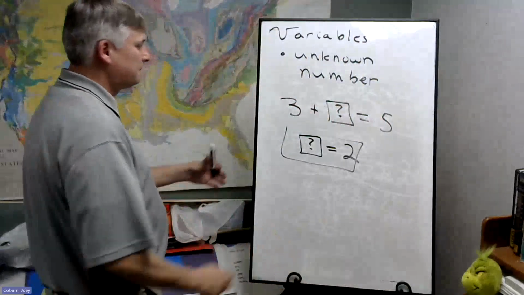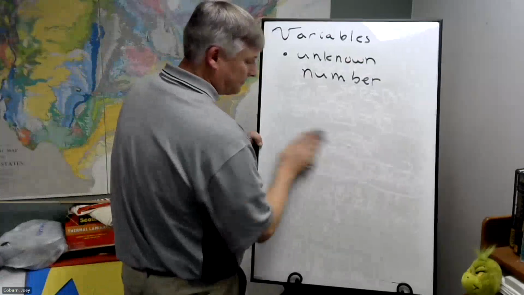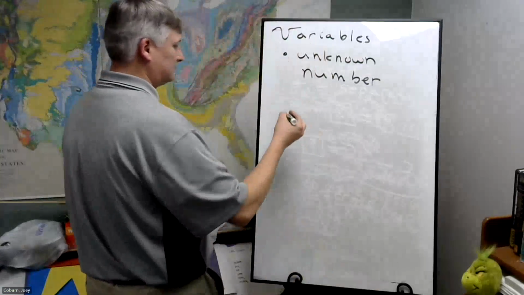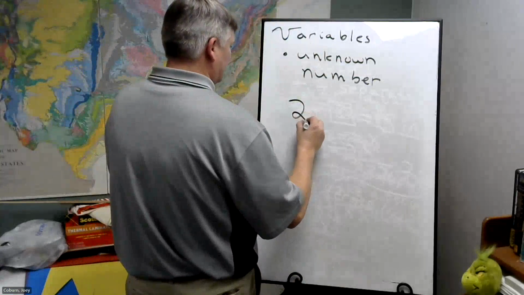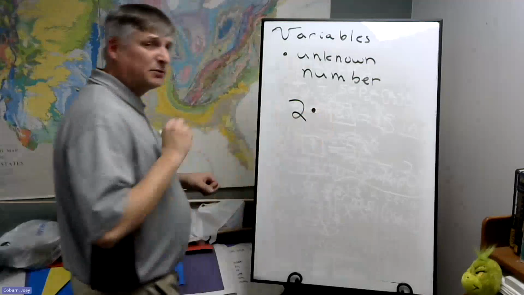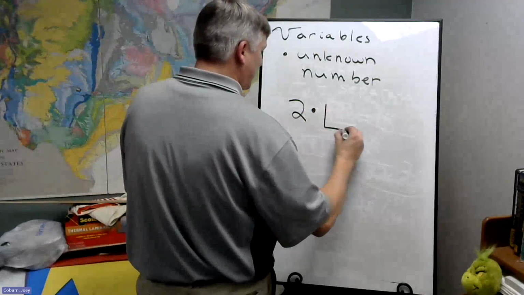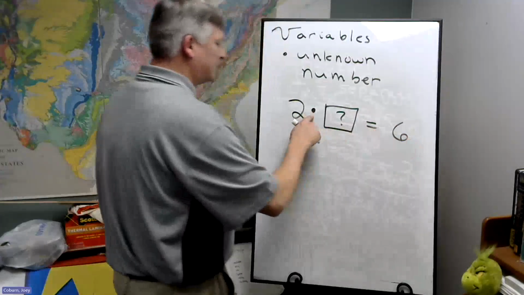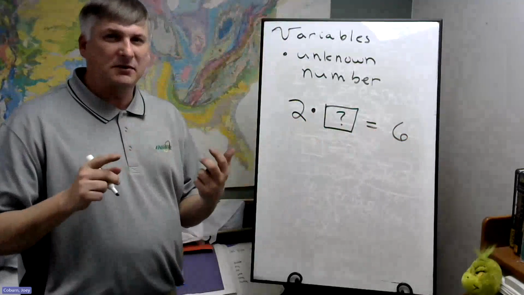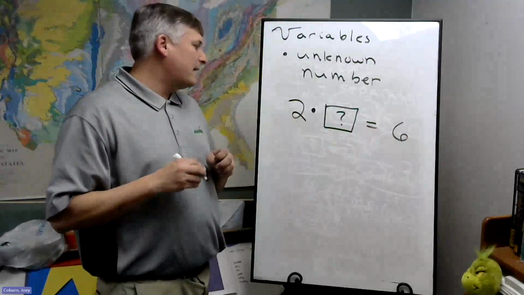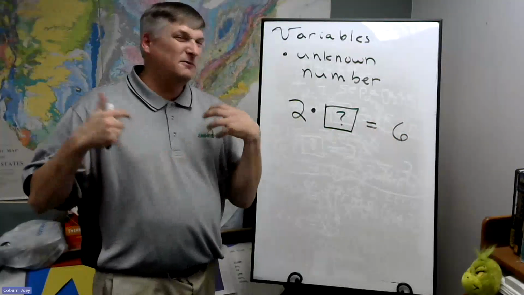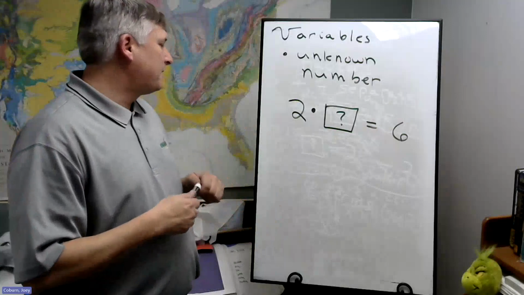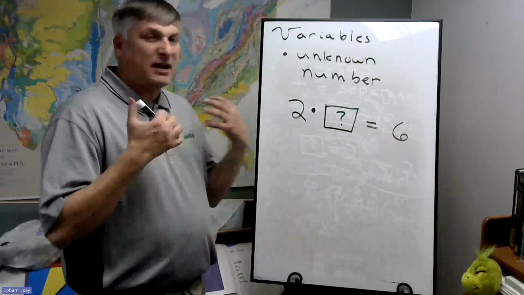Another one you can do. I'm going to use the dot for multiplication. We'll talk more about this later. But we're going to use the dot instead of the X multiplication sign because the dot is not confused with the X variable.